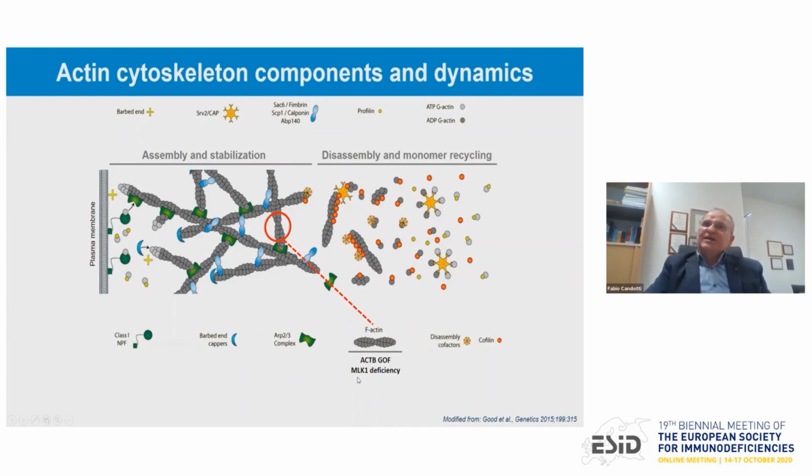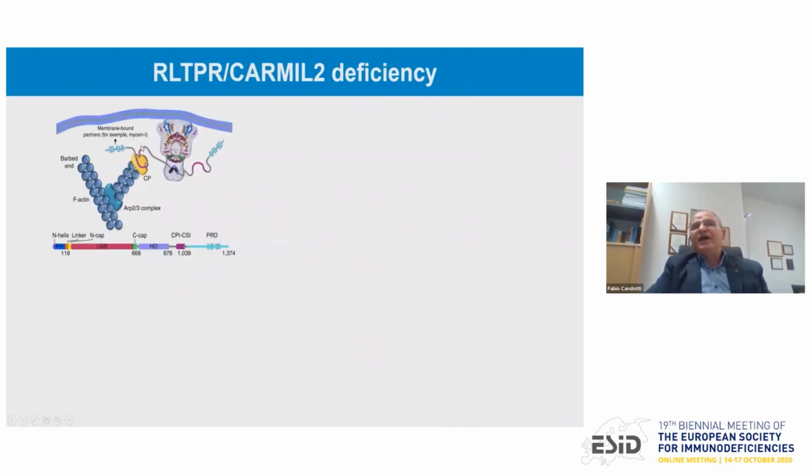Another defect that affects the normal production of actin has to do with the capping proteins that I mentioned earlier. What I did not mention is that there exists a group of proteins, the Carmil proteins, that are able to bind the capping proteins and thereby compete for binding to the actin filament, therefore increasing actin polymerization.